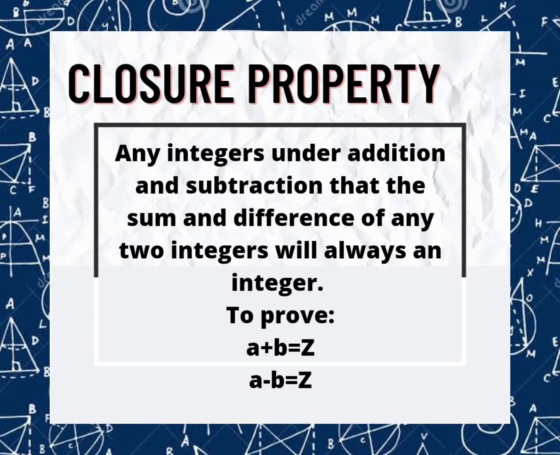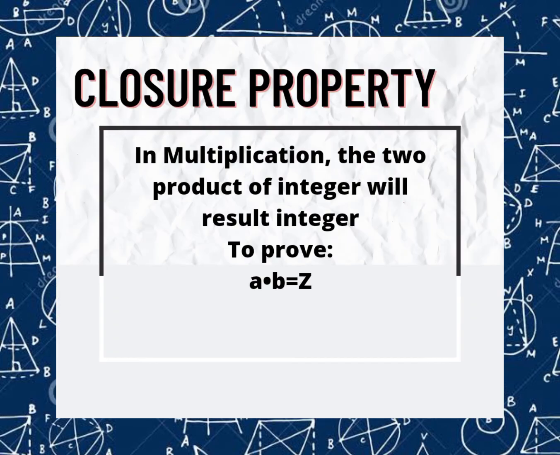Closure property states that for any integers under addition and subtraction, the sum and difference of any two integers will always be an integer. To prove, a plus b is equal to any integer, or a minus b is equal to any integer. Same goes for multiplication.